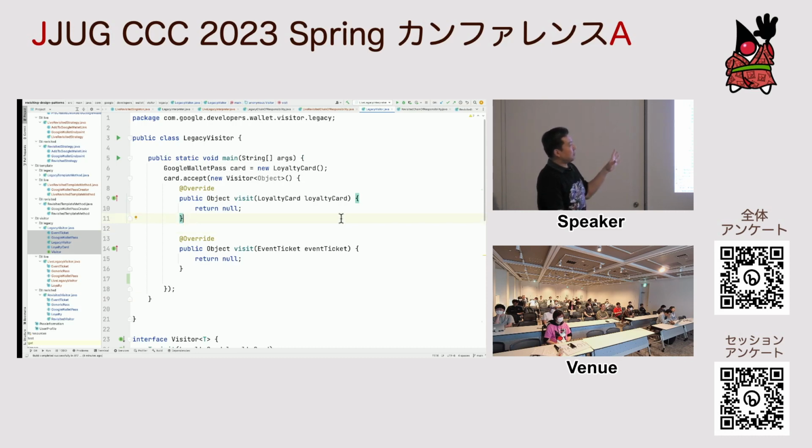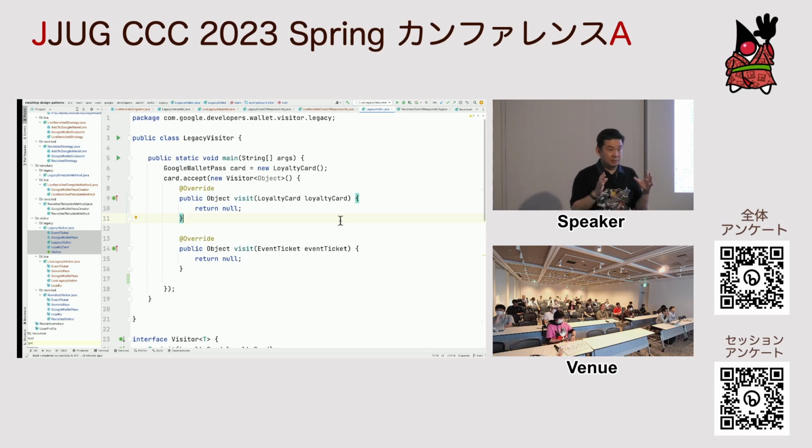But visitor solves a very specific problem. It's a very elegant solution, but it's very hard to read. Another reason for you to use the visitor is that you have an operation that varies by type.